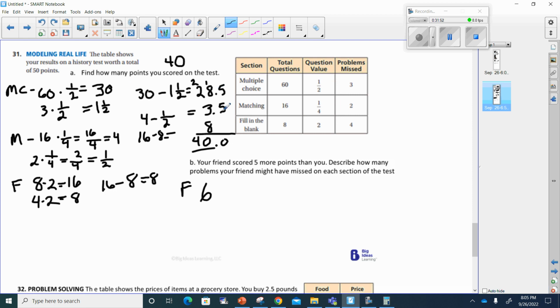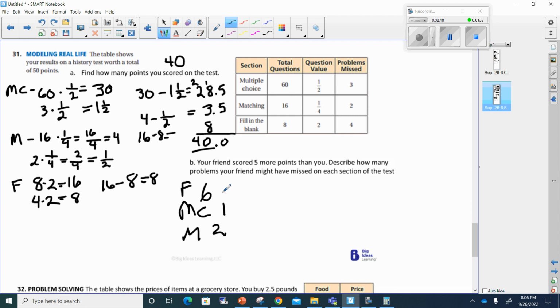We could have got it from here. Instead of missing 3, he could have just missed 1 on the multiple choice. And for the matching, he would have got the same, and that would have been 2.